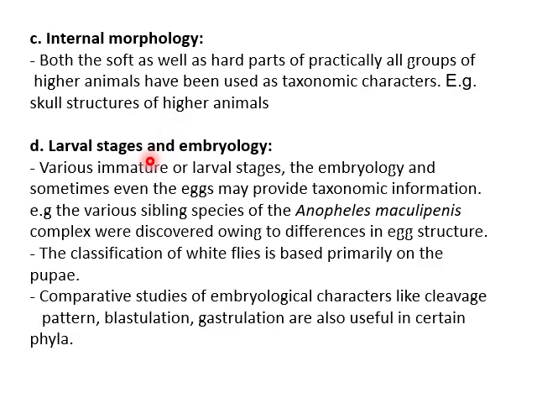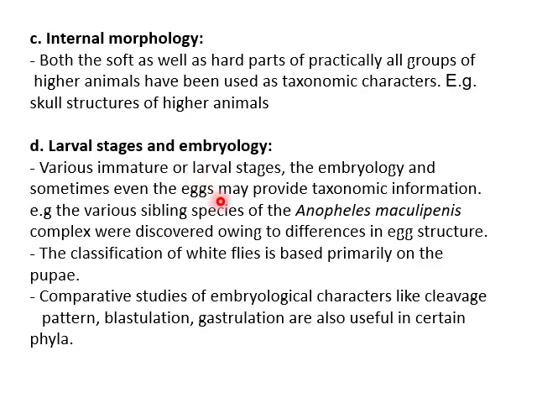Next one is larval stages and embryology. Various immature or larval stages of different animals are roughly very similar to each other. But after their development, or at the end of their embryonic stages, the larvae may differ from each other.